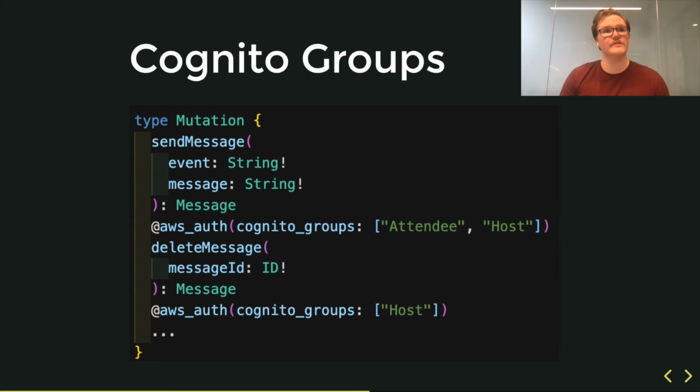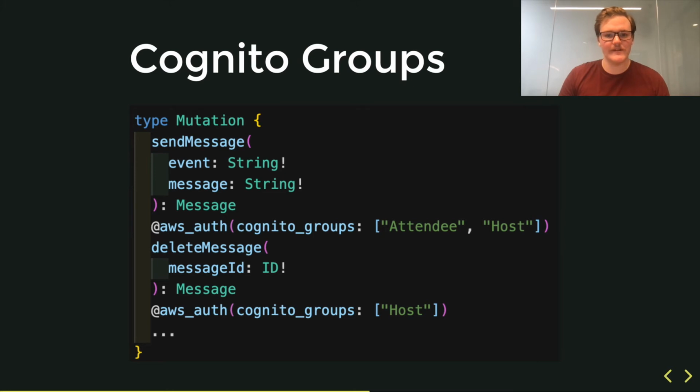You put at AWS_auth, and you can specify which Cognito group can do that mutation. So in the first case, with send message, we're saying attendee or host can do this. But for delete message, we're only allowing hosts to delete messages. And so it's really powerful. You get a lot of access control out of the box with AWS Appsync, where if you're using something like API Gateway, you'd have to write a lot of that yourself.